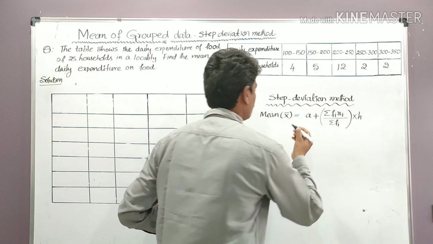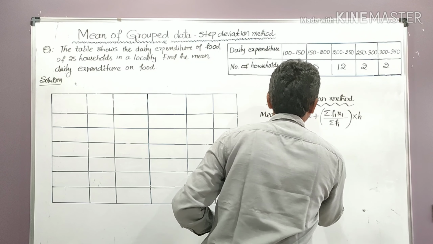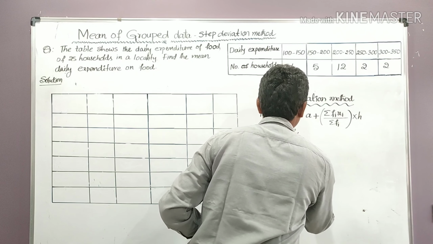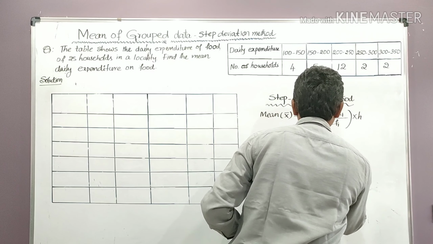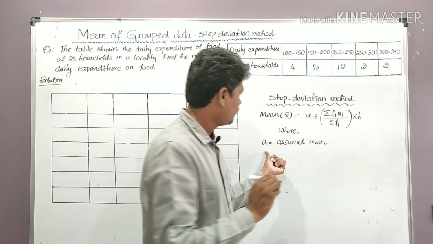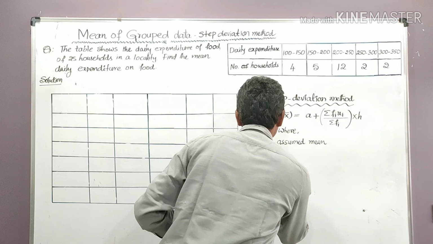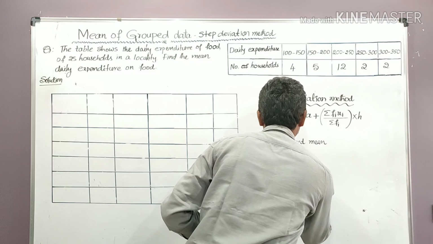What are the terms involved in this formula? You have to write them, students. A is equal to assumed mean, which you are already familiar with. Sigma is equal to summation.